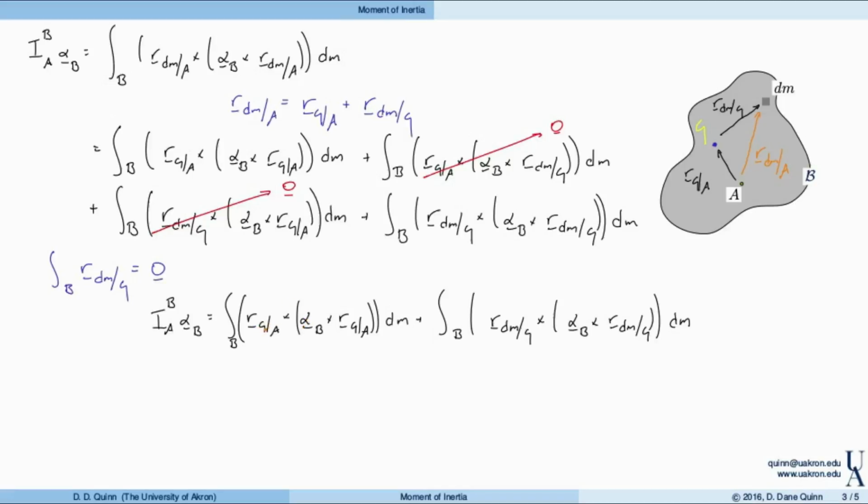So now, for planar objects, looking back at the same reasoning we gave when we reduced this expression to simply a scalar times alpha on the previous slide, we can show that this term becomes the total mass of the body times the magnitude of r of G with respect to A squared times the angular acceleration of the body.